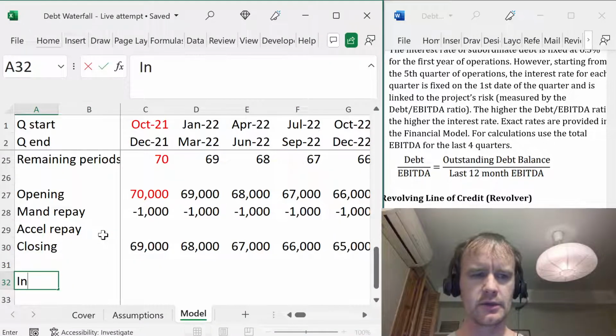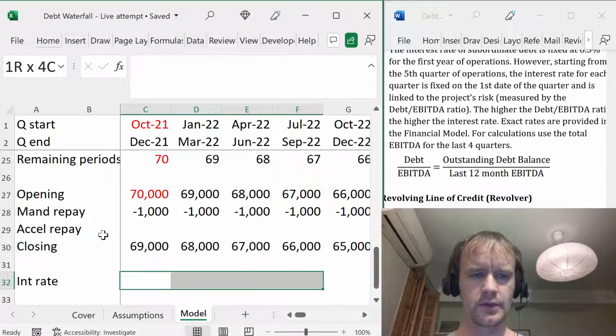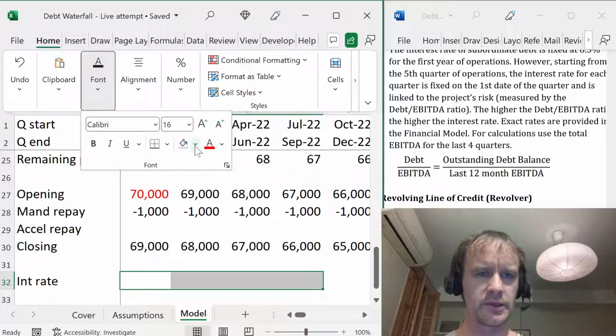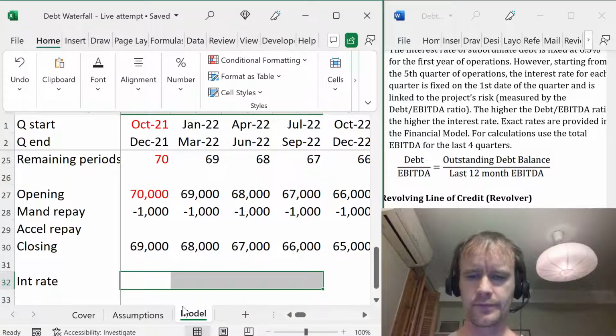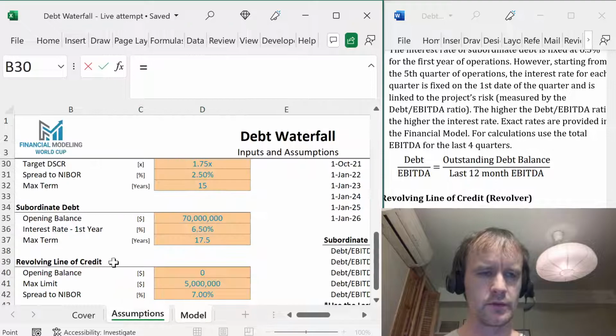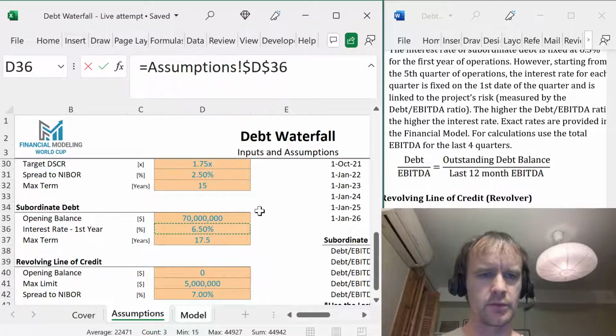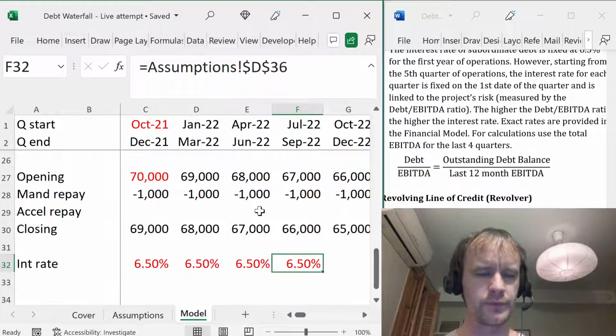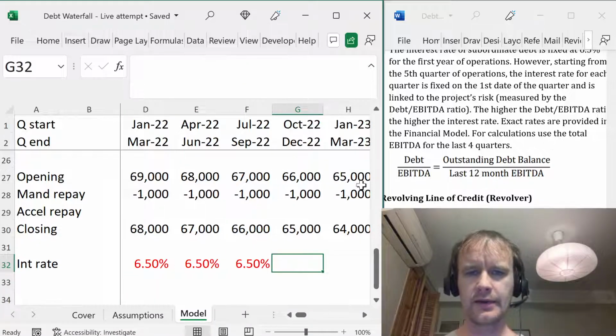Let me just iterate. I'm just going to quickly format to highlight it's different, and link that here. There are probably more elegant ways you could do this if you weren't in competition time, but that will do. And then after that, it is adjusted according to the debt to EBITDA ratio.